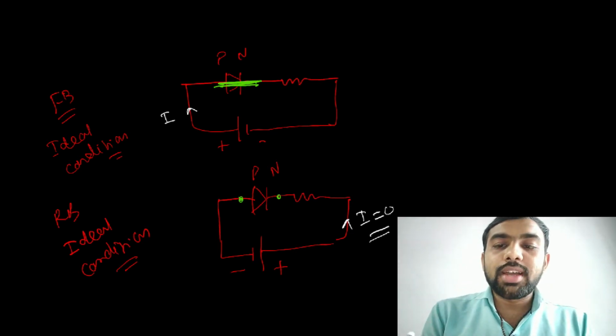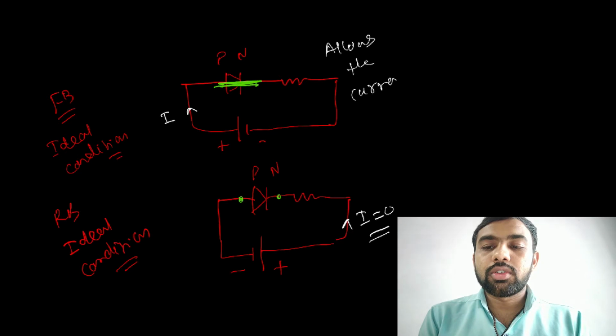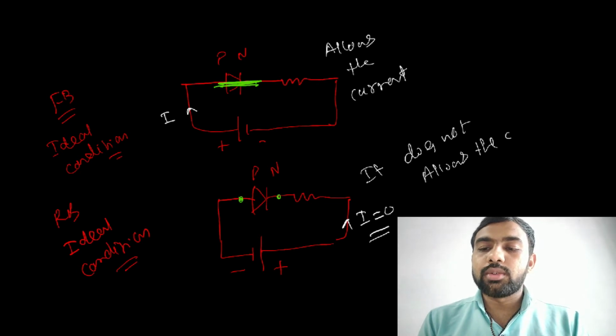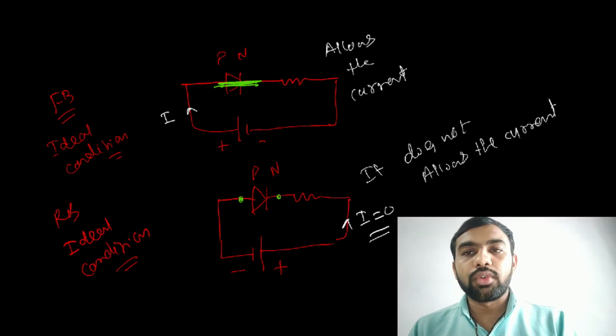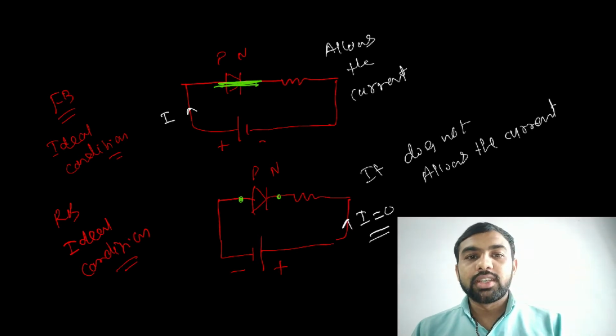In the second case it breaks the circuit, so current does not flow. In forward bias current passes, in reverse bias current does not pass. Clear to all of you?